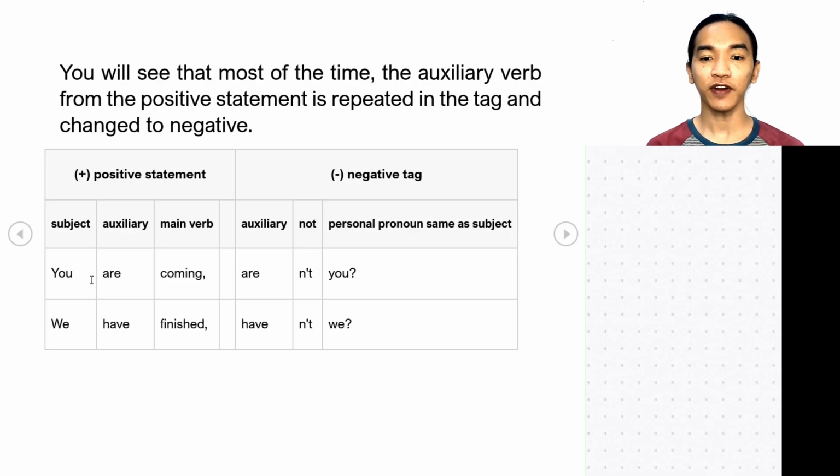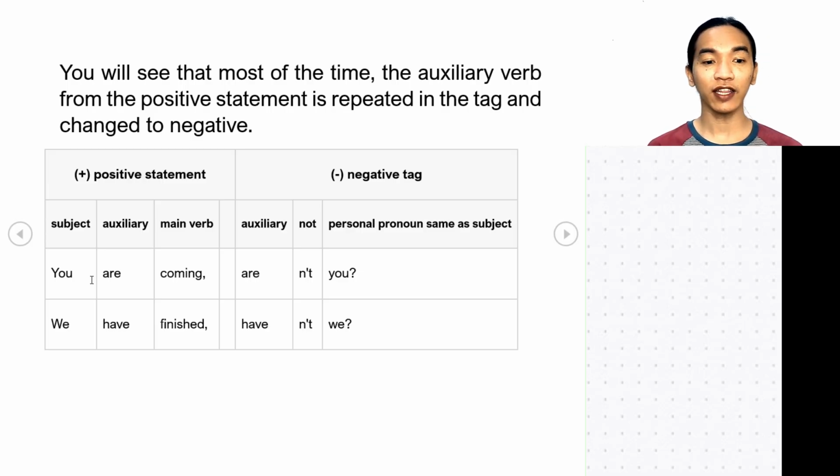Okay, so first we have the components of our tag questions, which are subject, auxiliary verb, and your main verb for your positive statement, and then on the negative tag we have the auxiliary verb, then not, and then your personal pronoun, same as the subject. So for example: you are coming, aren't you?